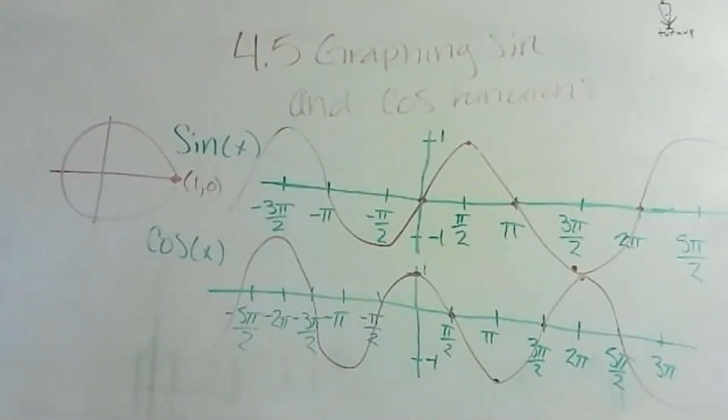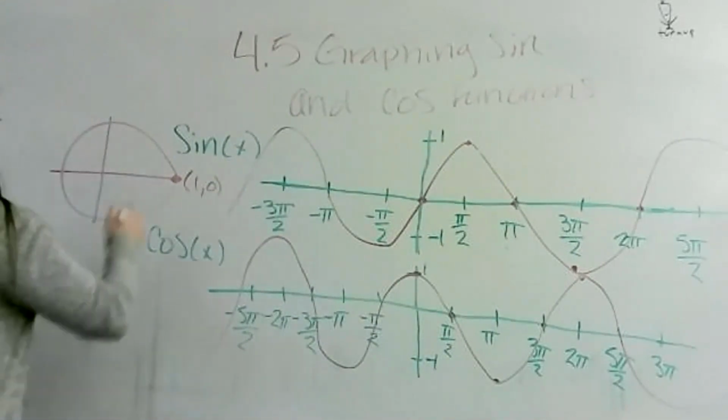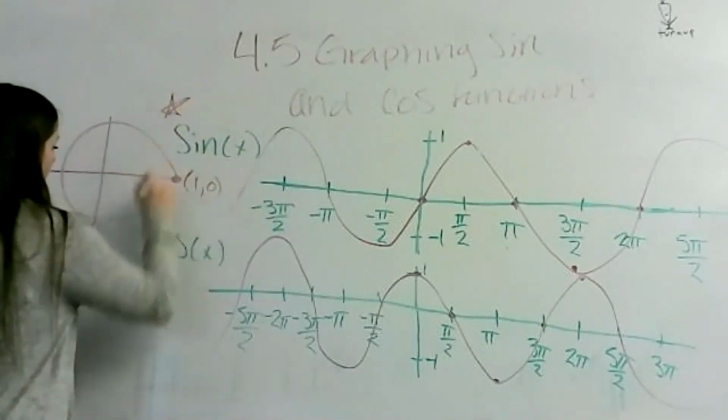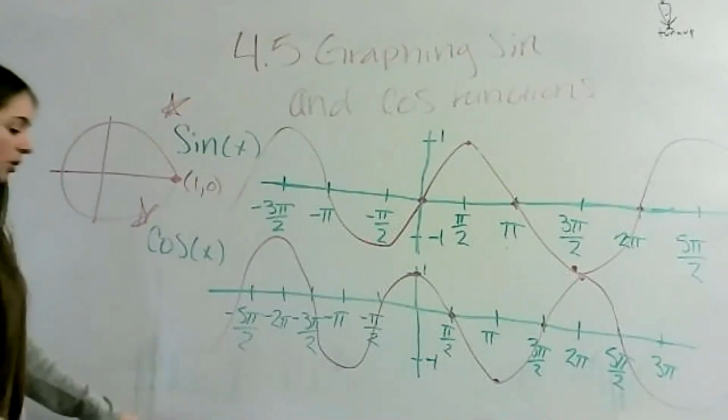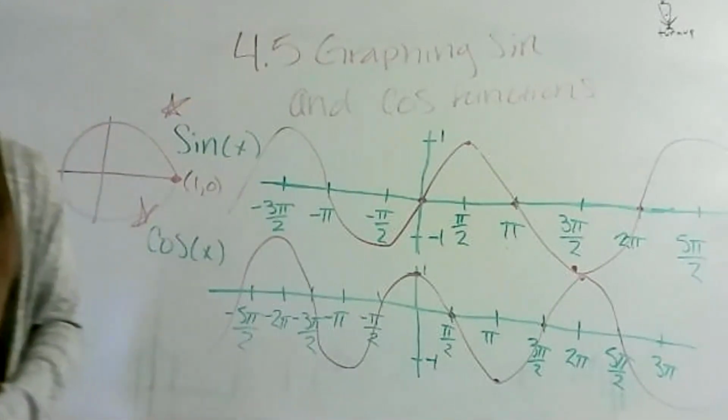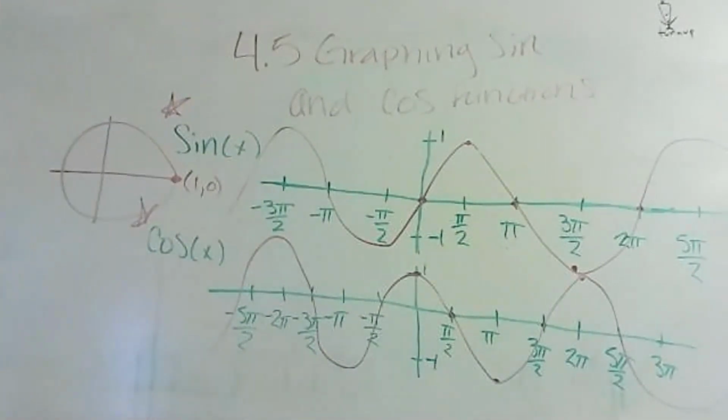Okay, so I'm going to give you a minute. What I need you to do is put big stars next to these. These are going to be your home base graphs. Every single time from here on out that we make an adjustment to this graph, we're going to continually come back to these graphs and say, what's changing about the function?